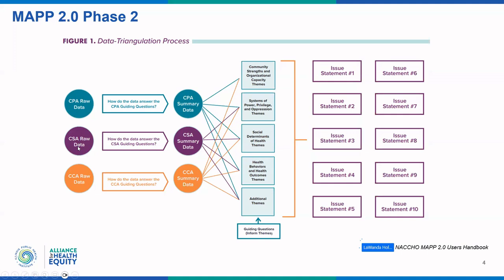The community status assessment is what MAP 2.0 calls that secondary data collection. And then the community context assessment, the CCA, is what was previously known as community themes and strengths, which is the focus group and survey data, so the community input.